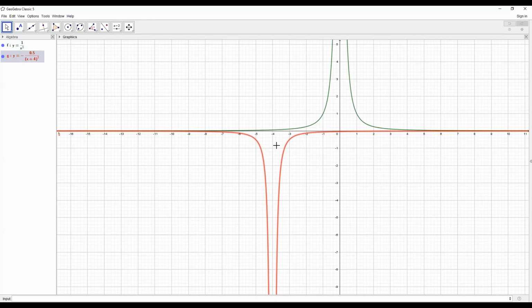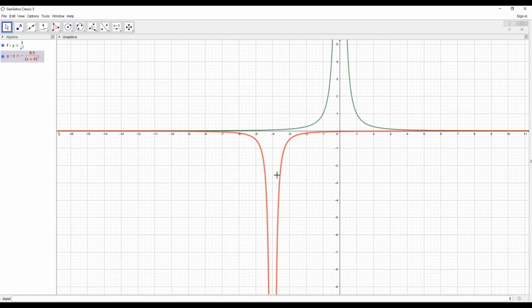Compare that to the original graph: they both have the same horizontal asymptote, the x-axis, meaning that as x grows in absolute value, going off to the left or to the right, the value tends towards 0. That's true for the green curve, also true for the red curve, which is reflected upside down relative to the green curve, and the asymptote moved, as I mentioned a couple of times.